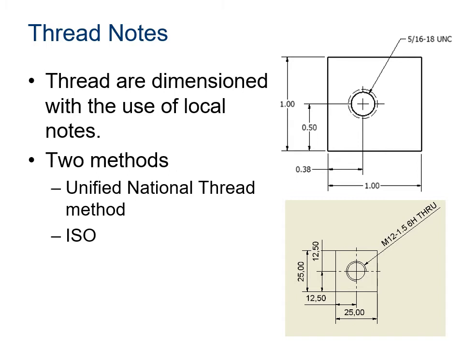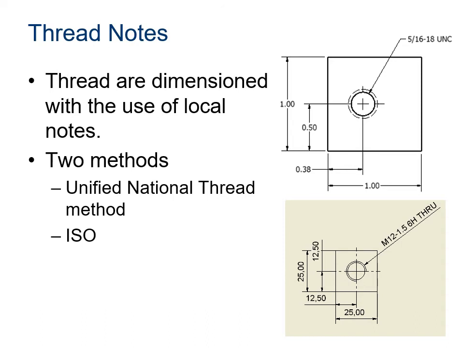That refers to how many threads per inch are on the hole. If you were to measure a linear inch on that hole, you would be able to count 18 threads. UNC stands for Unified National Coarse. So it's a coarse threaded screw or bolt that would thread into that hole.